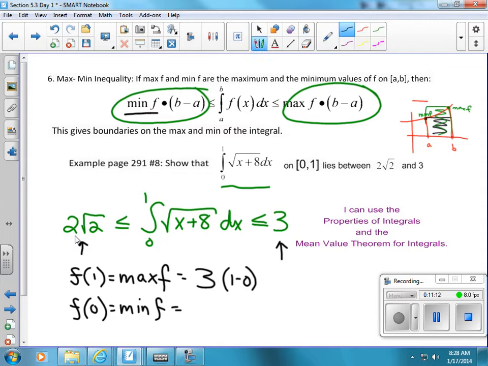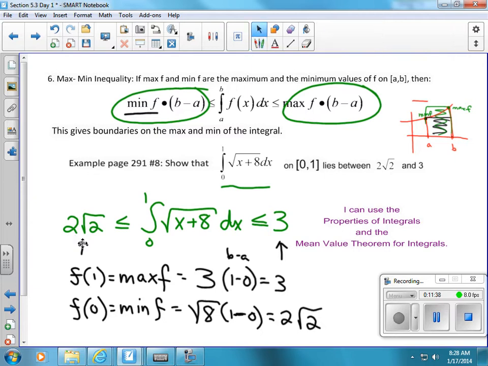All right, and then if we plug a 0 in here, we get the square root of 8 times 1 minus 0, which is your b minus a part. And this is b minus a. If we simplify square root of 8, we get 2 square roots of 2. So this is what your min and max must be between, and this is how you show that.